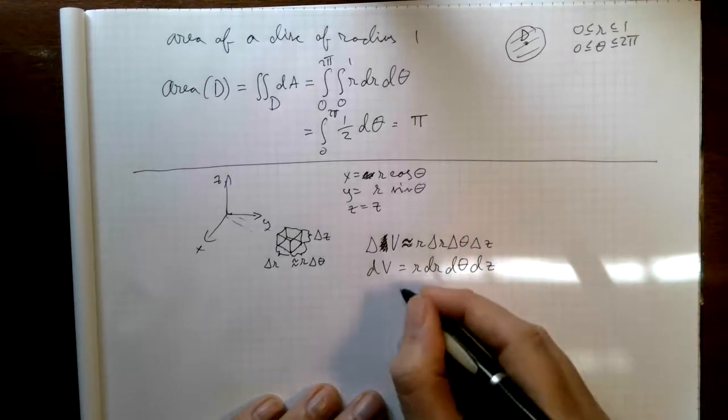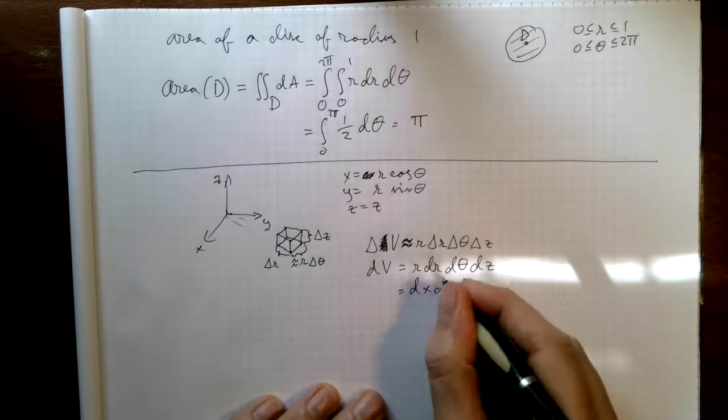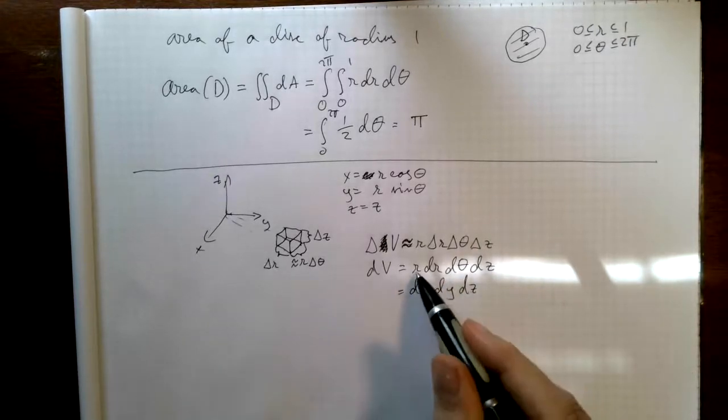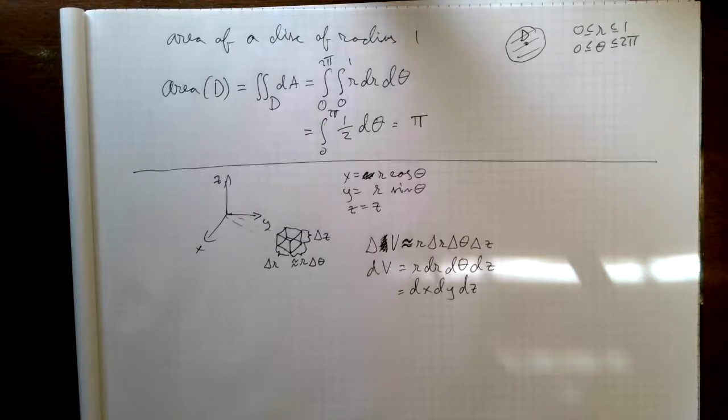The thing that was dx dy dz, you can see that it's slightly different. We still have to add this r if we're doing things in cylindrical coordinates.